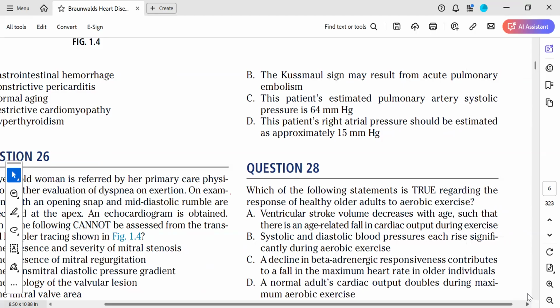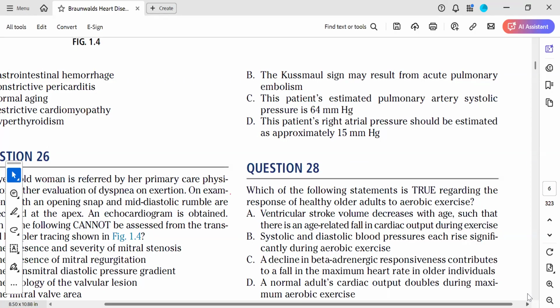meaning that the estimated right atrial pressure is between 5 to 10. If the IVC diameter is less than 2.1 and is more than 50% collapsible, that's a RAP of less than 5 millimeters of mercury. But if it is less than 2.1 and the collapsibility is less than 50%, the RAP in that instance is 5 to 10.